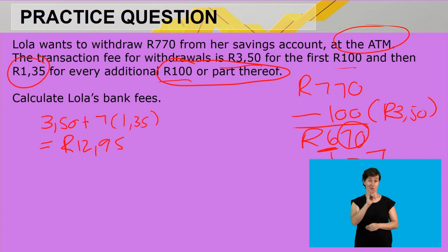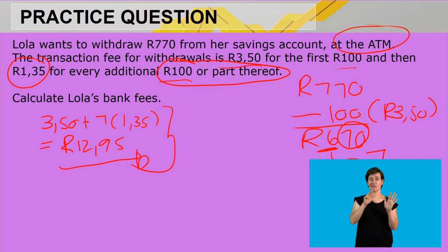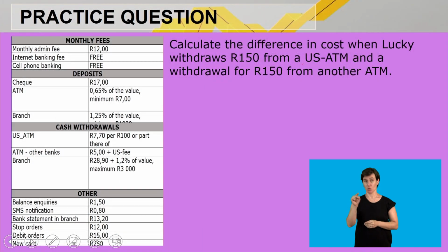So if Lola withdraws 770 Rand from her account, she will pay a total of R12.95 on this. And that means for this transaction, she will pay R12.95.